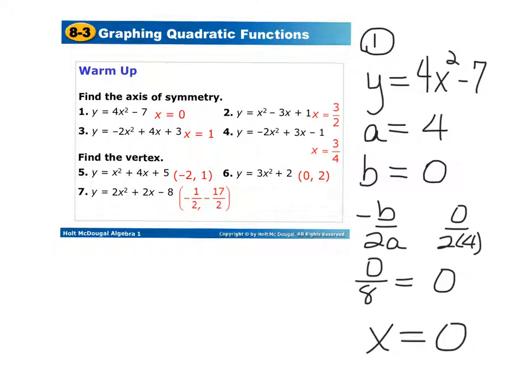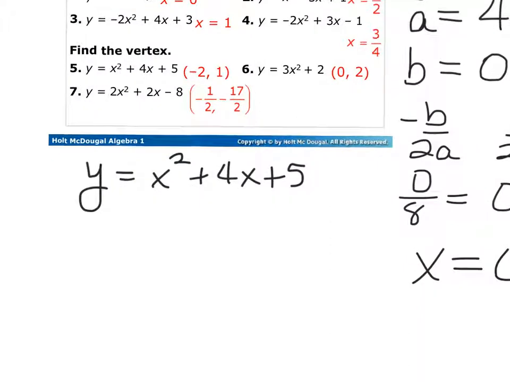So be very careful when you're looking for your A and your B value. Remember, the A is the number in front of x squared, and the B is the number in front of x. Then for the second part, I'm just going to jump down and do number 5. We just demonstrated this when we did the homework. So we are going to take our equation, y equals x squared plus 4x plus 5. I need to find the vertex.